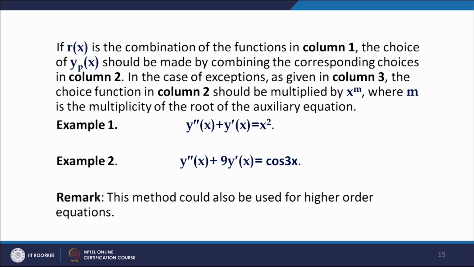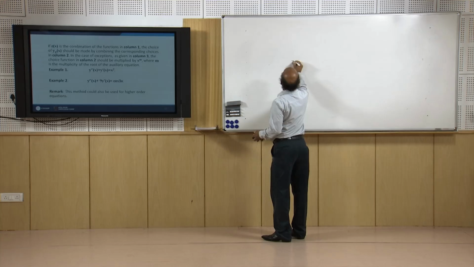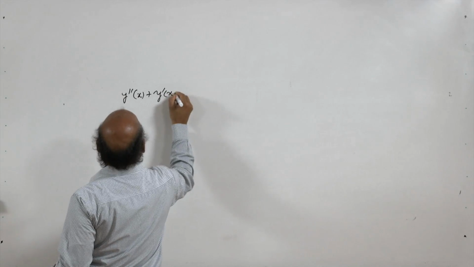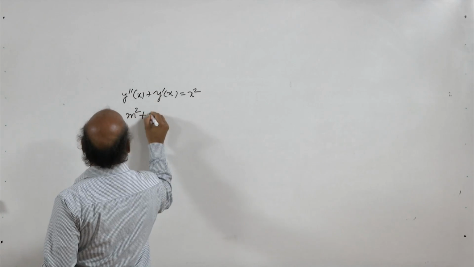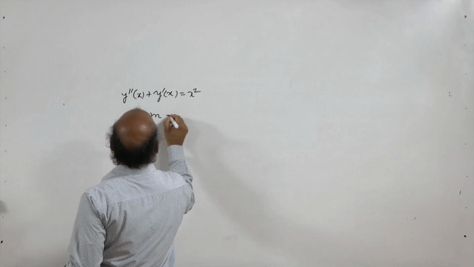Now let us take the example y double dash plus y dash equal to x square. Let us see how we choose yp(x) here. So y double dash plus y dash equal to x square. So the auxiliary equation here is m square plus m equal to 0.